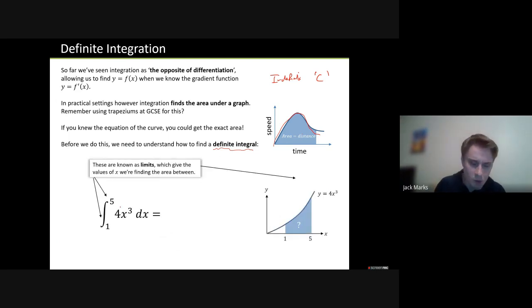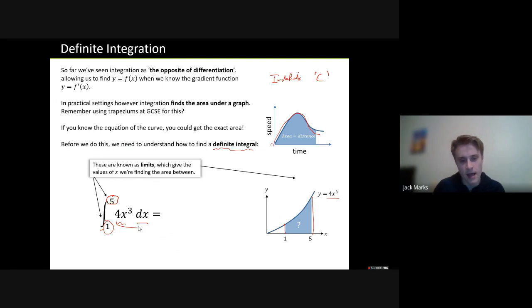So what's the same and what's different? We're integrating something still with respect to x, but we are integrating between the numbers 1 and 5. And geometrically, this is what this looks like. So doing this is the same as finding the area between 1 and 5 on that particular curve.